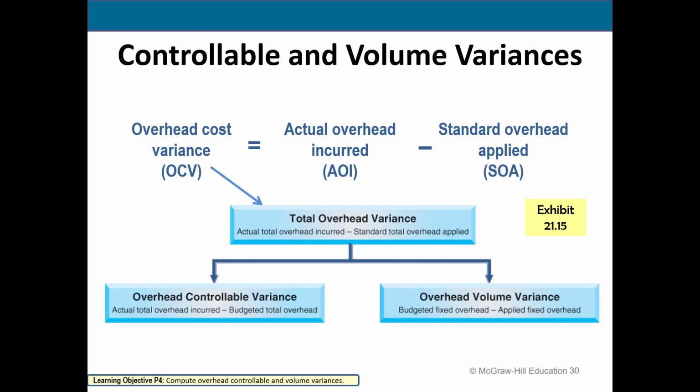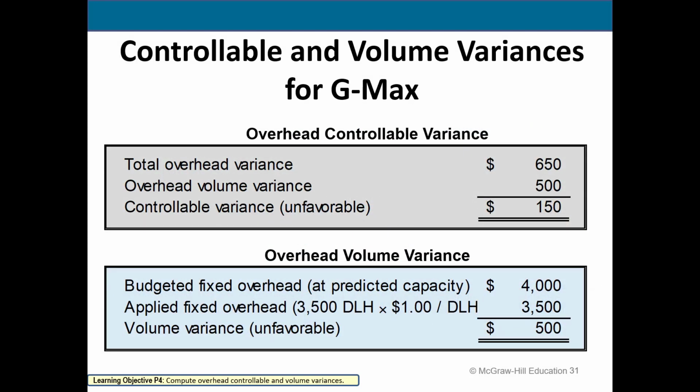We can also look at a volume variance, which occurs when the company operates at a capacity different from that which was predicted. The bottom portion shows the volume variance, which is the budgeted fixed overhead, $4,000, versus the applied fixed overhead based on number of units produced, 3,500 direct labor hours times $1 per direct labor hour.